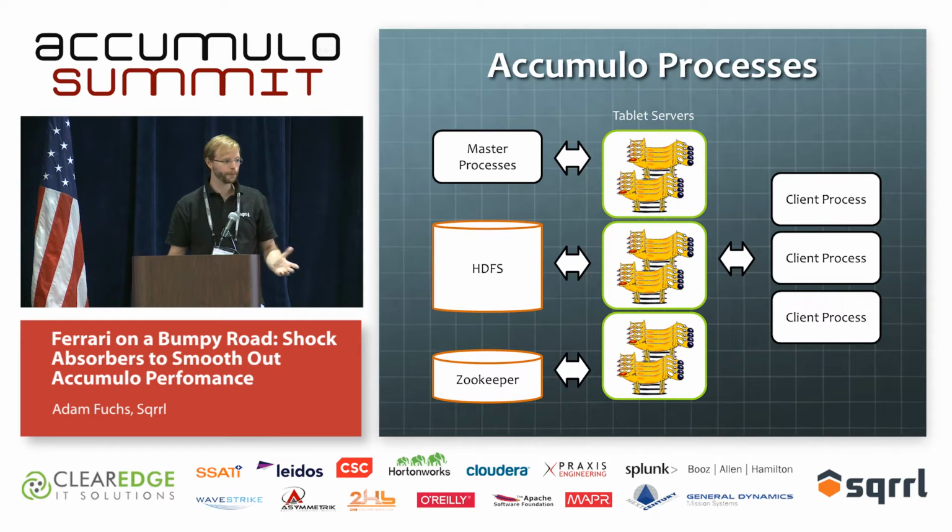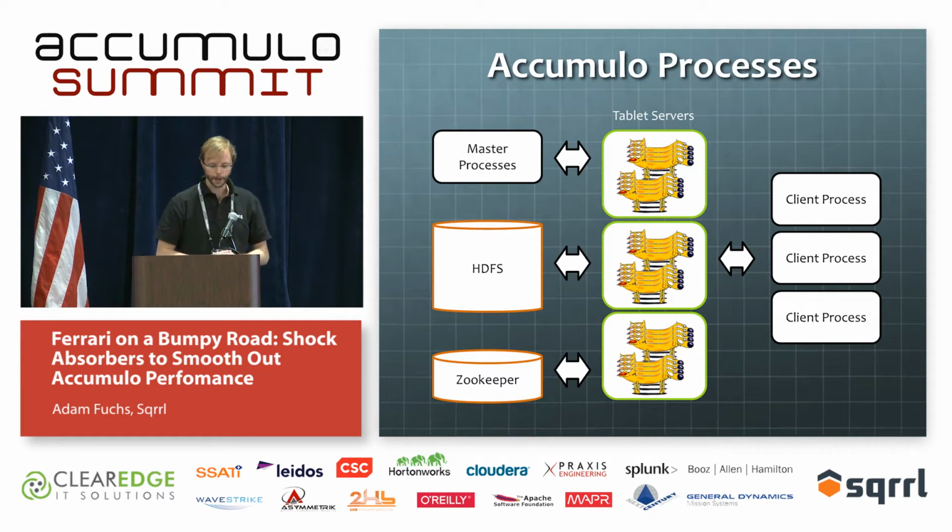Tablets, again, are units of work that we distribute through the cluster. The place where we distribute them is into tablet servers. So here in the middle of our diagram, we have a bunch of tablet servers that are hosting tablets, and client processes or applications on the right-hand side are interacting directly with the tablet servers to do reads and writes to those key spaces.